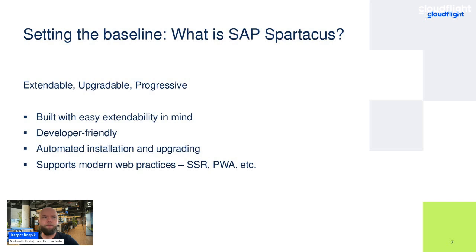And this is true because for Spartacus implementations, it is fairly simple to use the default behaviors from core Spartacus, extend those features or functionalities and use them in your store with some tweaks, maybe some styling changes, but ultimately it is fairly easy to extend it. Developer friendly.